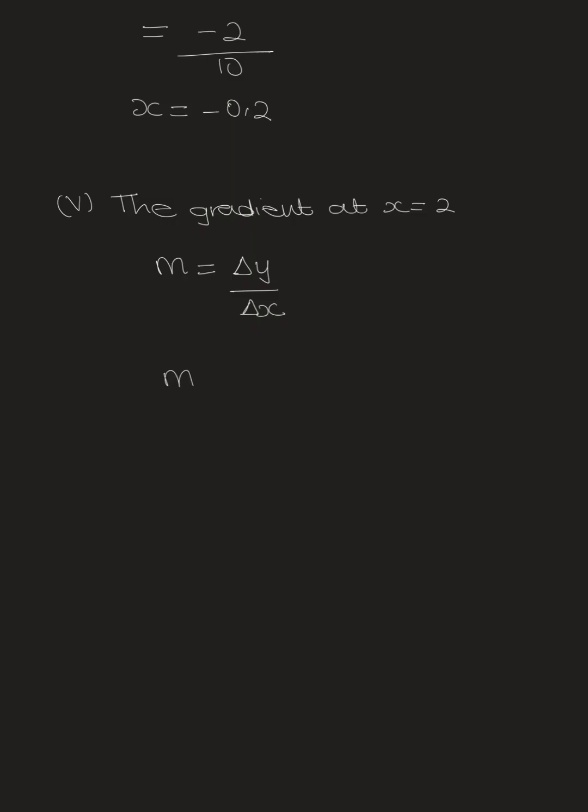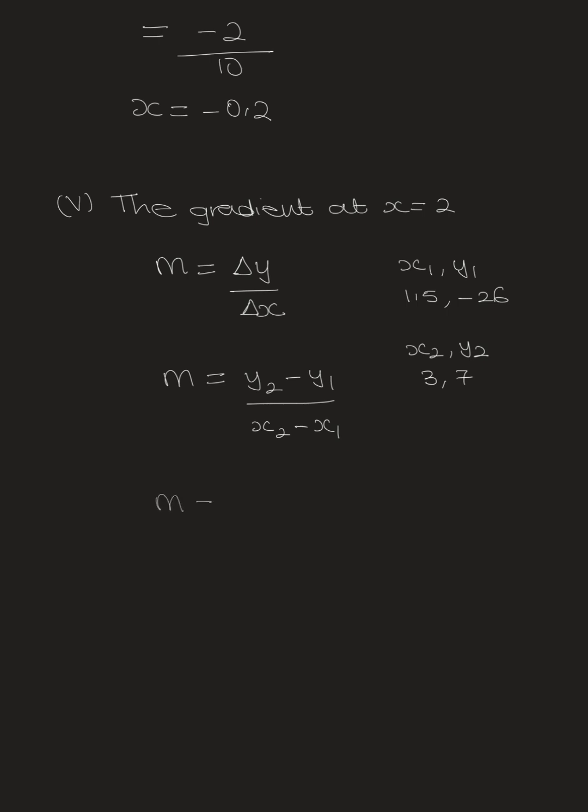So the gradient is equal to y2 minus y1 divided by x2 minus x1. Remember, for x1 and y1, we have the values as 1.5 and minus 26. For x2 and y2, we have the values as 3 and 7 respectively.